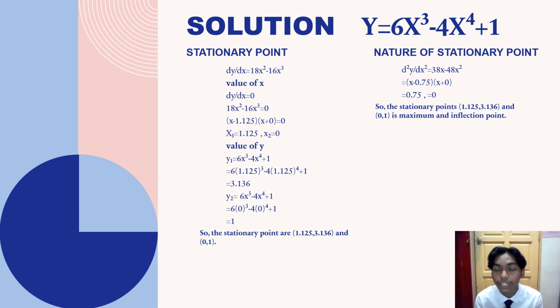From the answer we get here, we use the same method as when we got the value of x, so we use the factorization method. Using the same method we will get x equals 0.75 and the second one equals 0. So the stationary points we got earlier are a maximum and an inflection point.